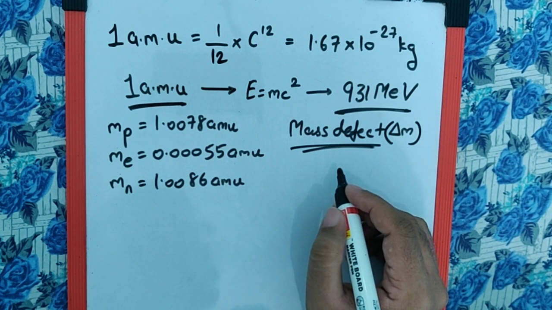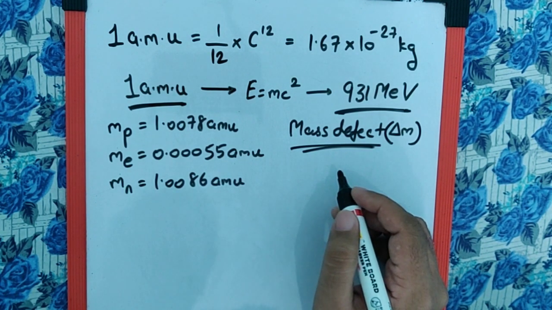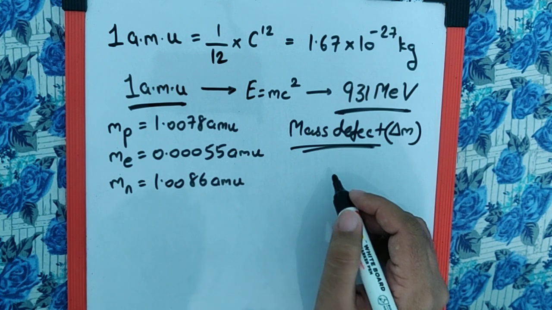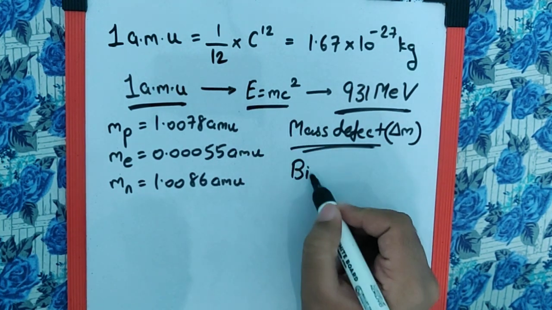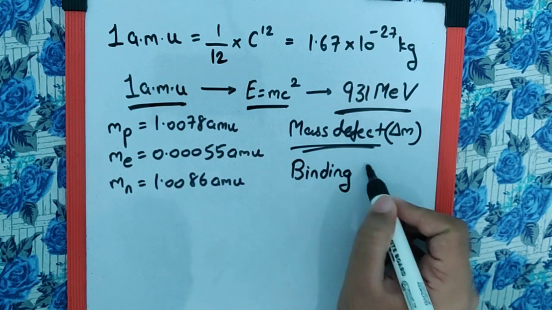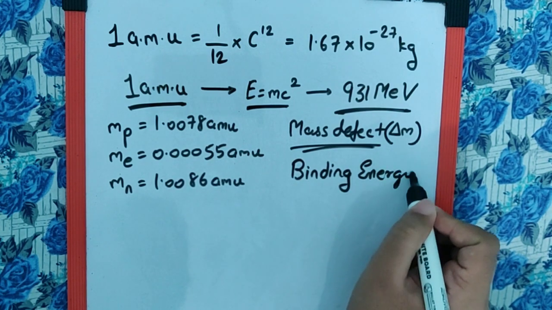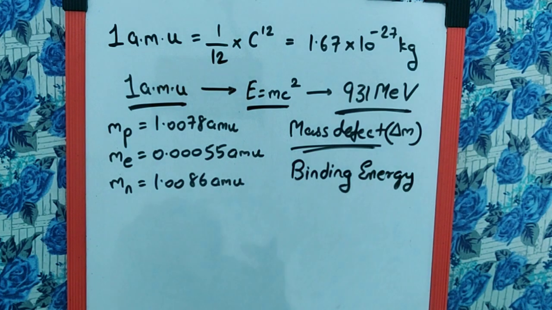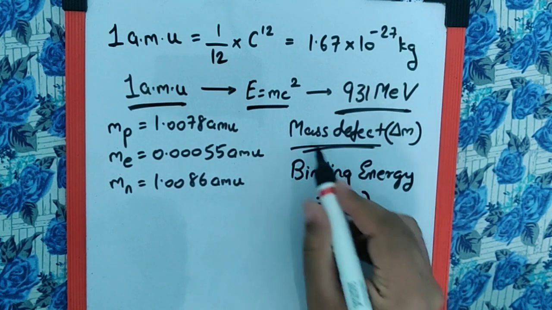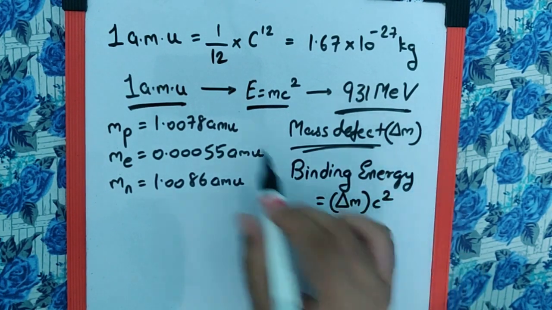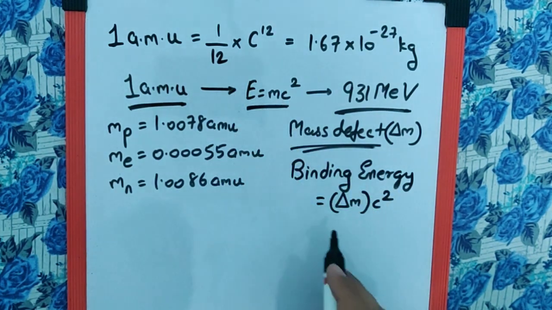Now, where exactly is this mass going? By the idea of Einstein's theory, E is equal to mc square, we came up with a new term called binding energy, which is the energy that gets stored in the nucleus itself to bind all the nucleons together. That is how the binding energy formula becomes delta M, the mass defect, into c square, using E is equal to mc square.